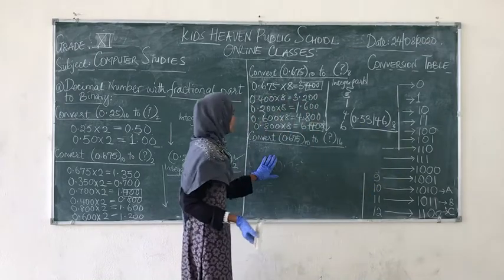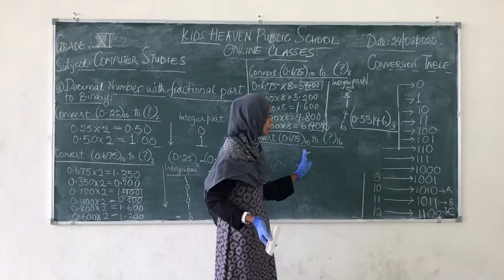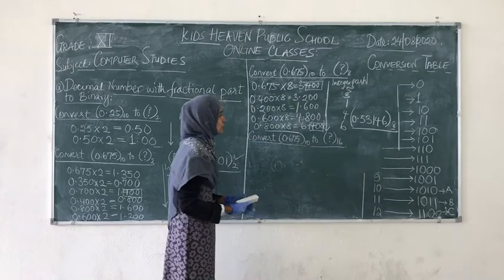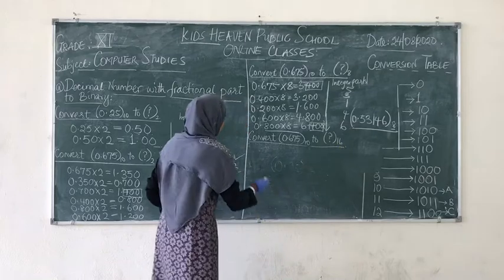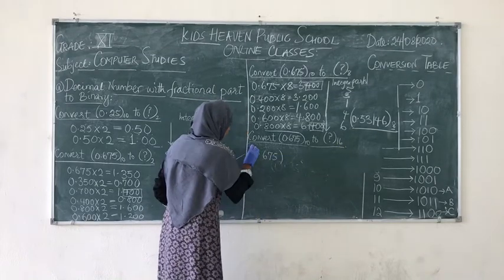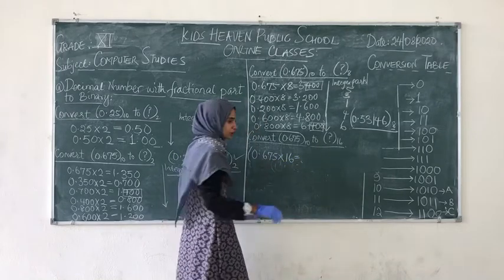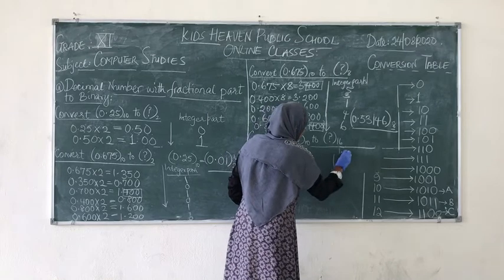So now let's look at the last part, converting this decimal number with a fractional part to a hexadecimal number. We are going to apply the same methodology, multiplying by the base here, which is 16. So let's begin. 0.675 multiplied by 16, let us quickly note down the integer parts.